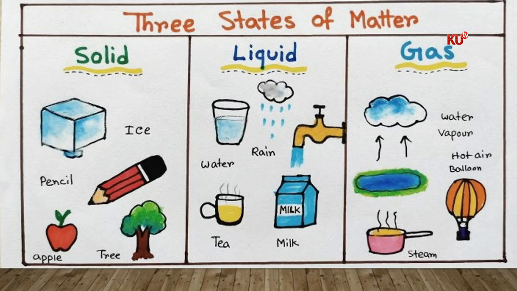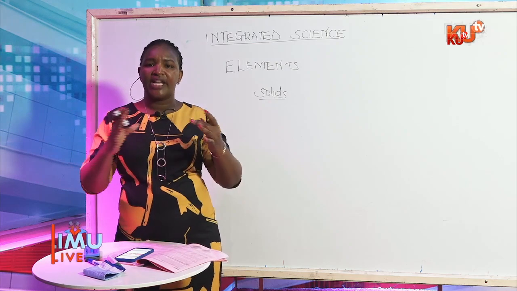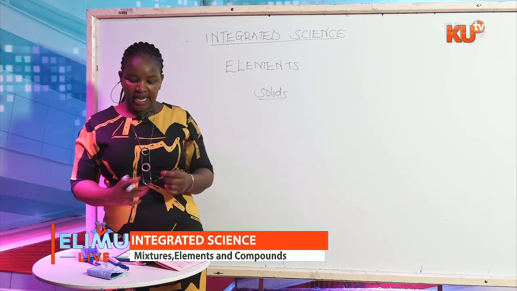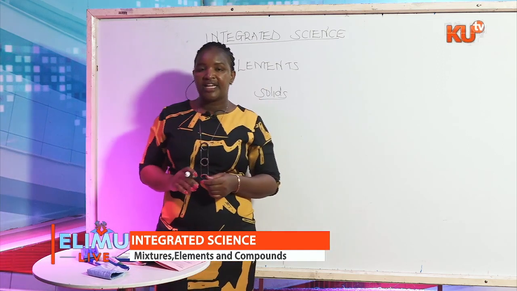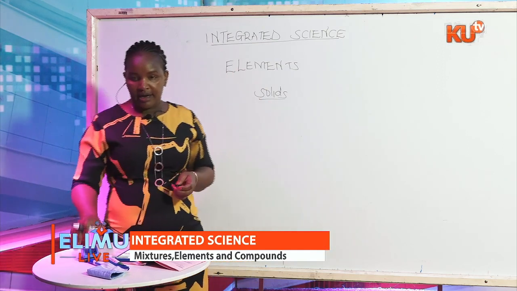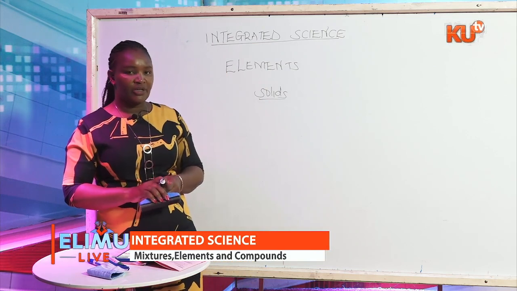In a hot air balloon, what makes the balloon go up is the air inside it, and that is an example of a gas. Among others, like smoke, even what we cannot see. Wherever we are, there is air in our surroundings. So those are the examples of states of matter that we have.